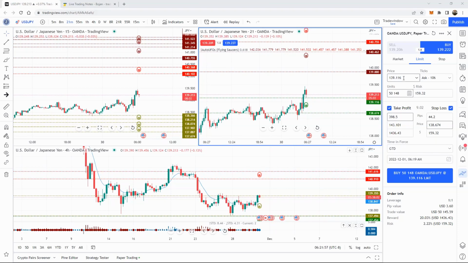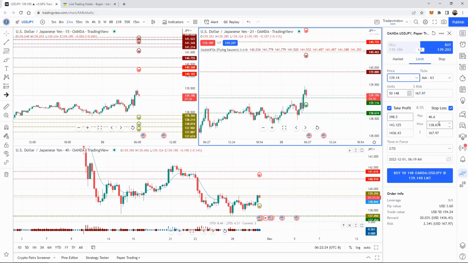So in this scenario, we're going to round up to 139.12 for the USD yen trade that we're looking at here, and we're going to add 2 pips so we make sure we don't miss out on this trade.